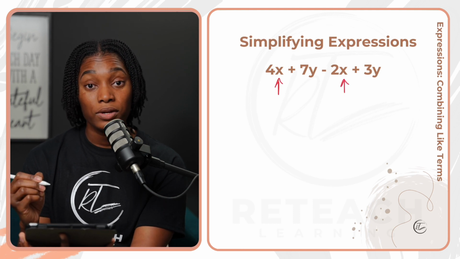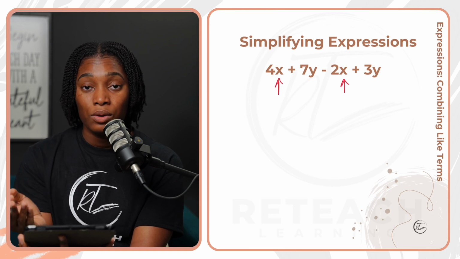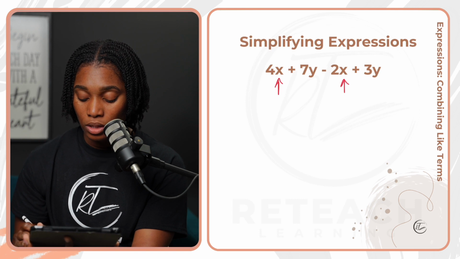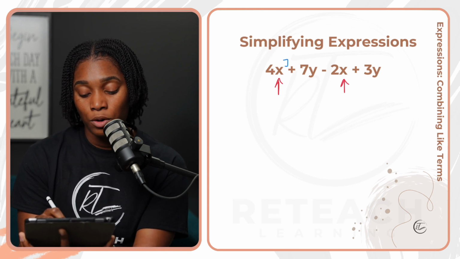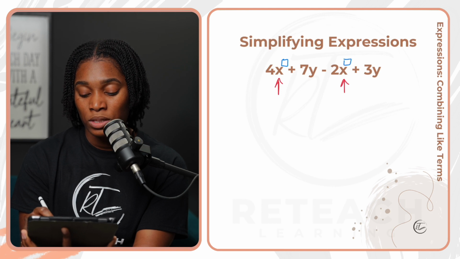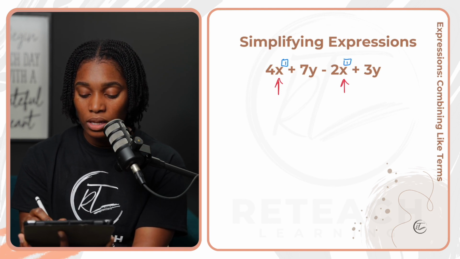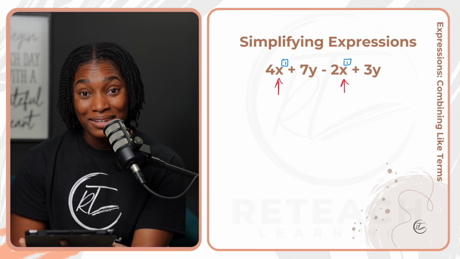All right, perfect. So now we can consider whether or not those two terms can be combined, based on the variable. Notice that neither of them has any type of exponent there, so the assumption is that the exponent is a 1. So they have the same variable, so I can combine them.